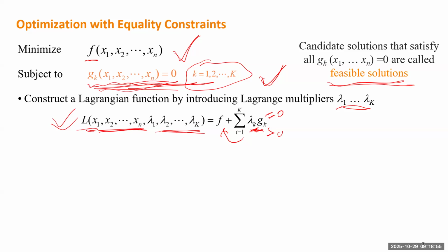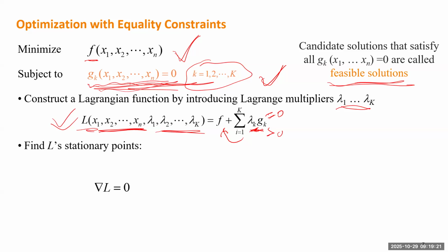We only find the stationary points of this new Lagrangian function, and then we check the function value of each point to find the minimal one. We just skip over the step of forming the Hessian matrix and checking whether it's positive definite or negative definite. We don't do that. We just check stationary points and find the minimal function value.